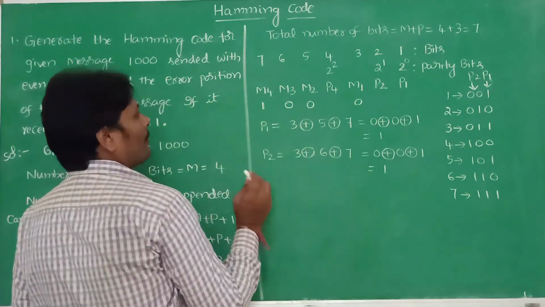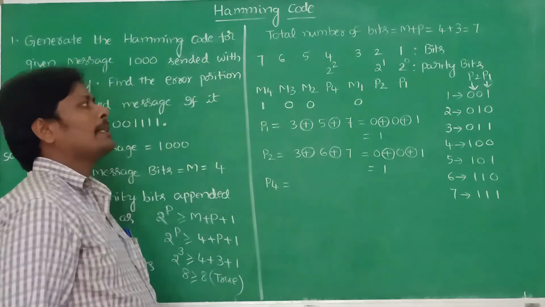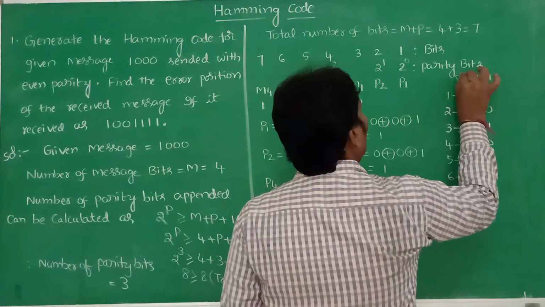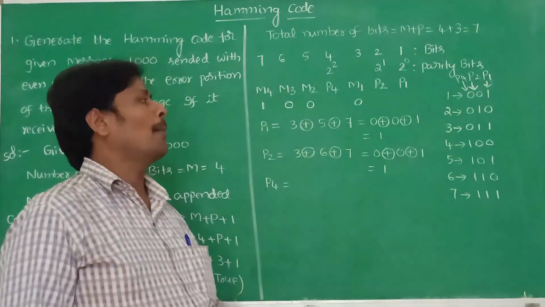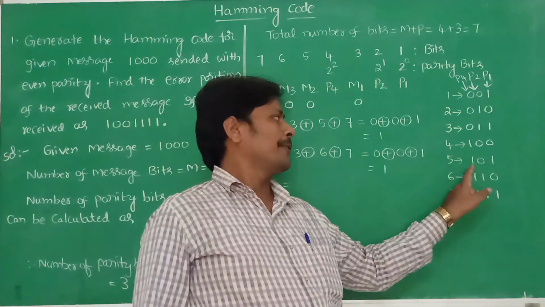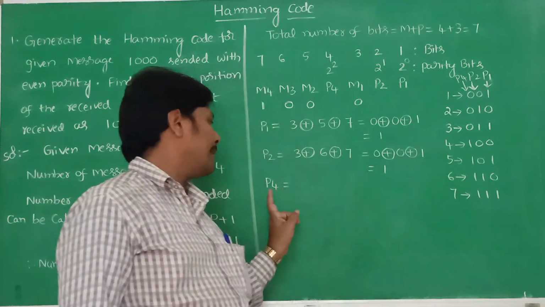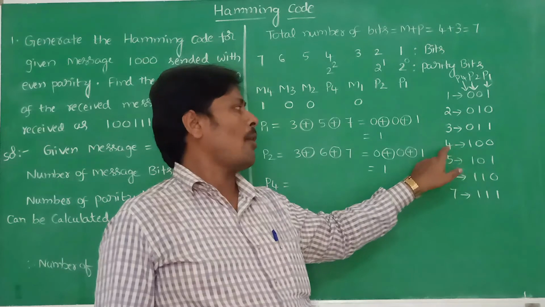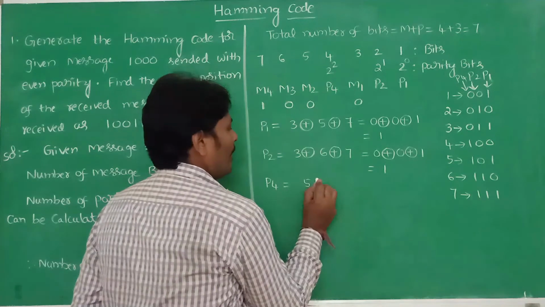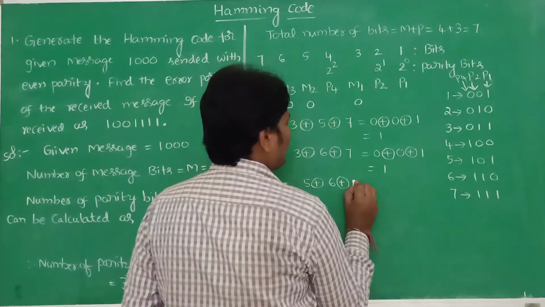Next we have to calculate P4. To calculate P4, we have to consider the last column. In the P4 column, 1 is present at the fourth, fifth, sixth and seventh positions. Since we are calculating P4, the fourth one is not considered. So 1 is considered at 5, at 6 and at 7.